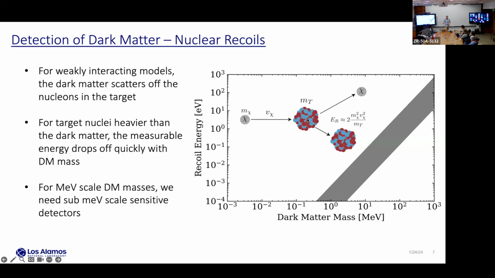This collides with your nucleon, displaces it slightly, and scatters off. And you have some recoil energy of that nucleon. So if this was in some solid state system, that would be the vibration of the lattice, and you would measure that as a change in temperature. And so it's proportional to the dark matter mass and the target mass.